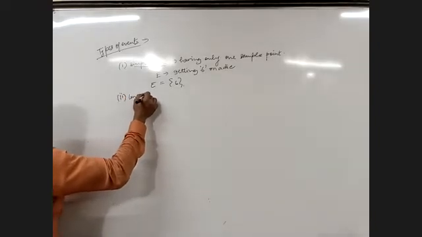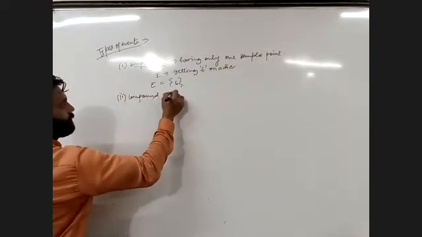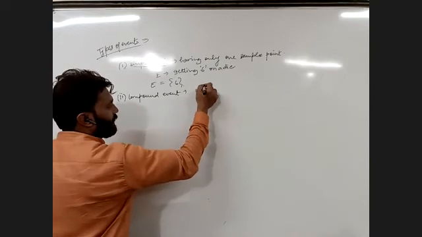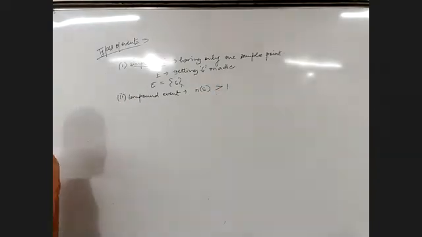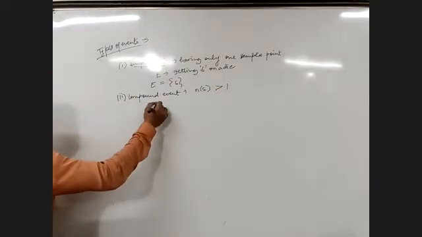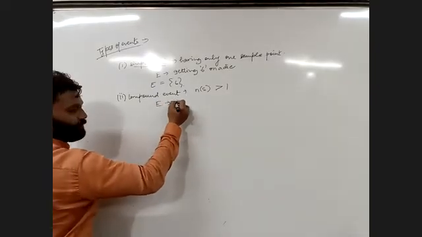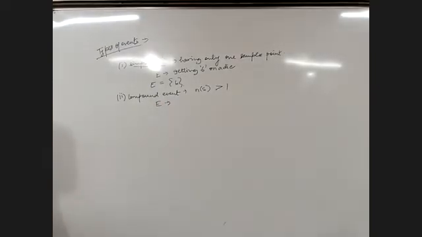Compound event. In short, we can write this as ns should be greater than 1, then it will be a compound event. For example, tossing a coin is an experiment, and getting outcomes on that is the event.